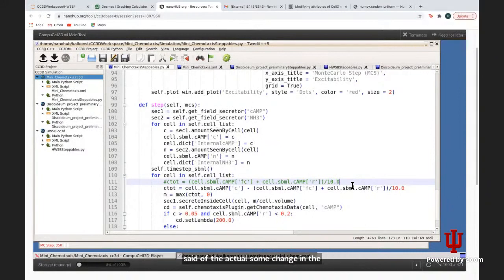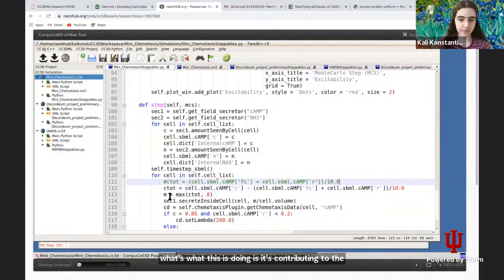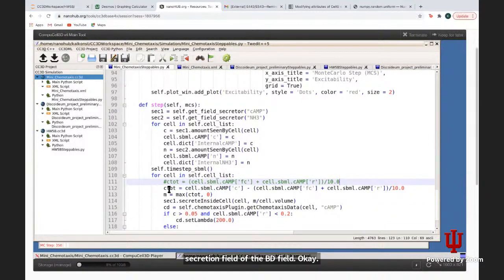Well, but I think the amount that's being produced is what we're interested in, is it not? When we do a command like secrete inside cell, what this is doing is it's contributing to the secretion field of the PDE field. In which case you're writing a field distribution for the rate imposed on the PDE field.